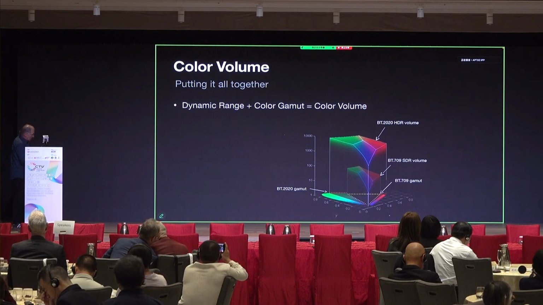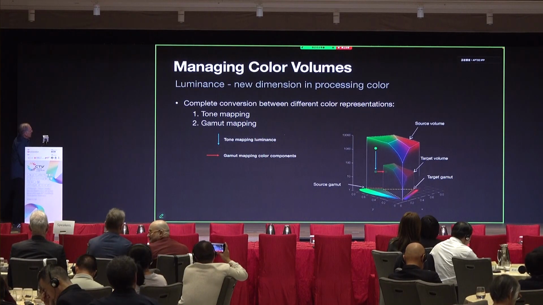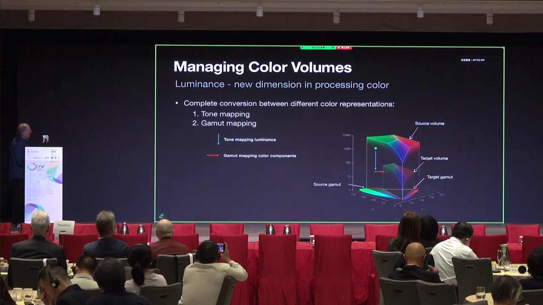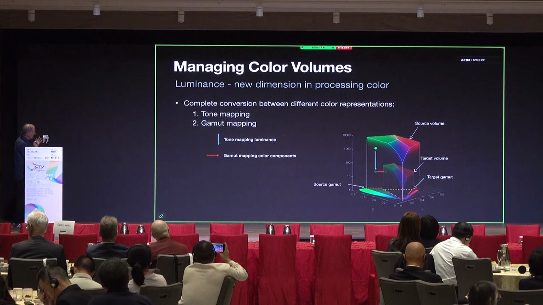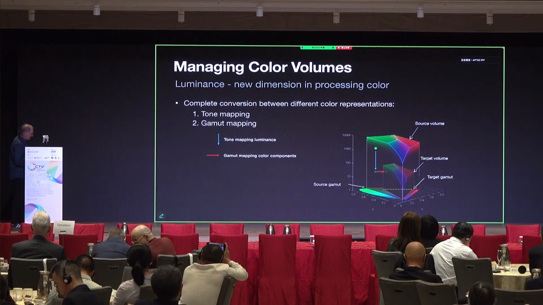That's something that we also want to address. So in terms of managing color volumes, it can be broken into two parts. One would be traditional. The new thing that we want to control is tone mapping, and after we are done with tone mapping to bring it to a specific volume, we then worry about gamut mapping to process the HDR content.